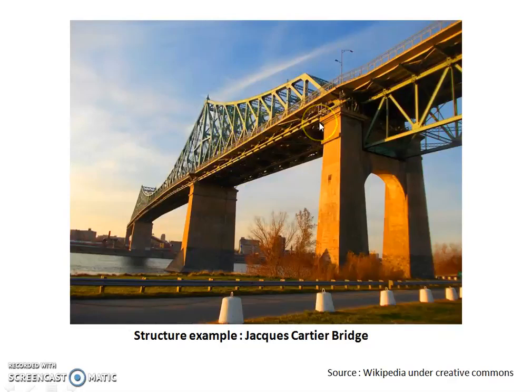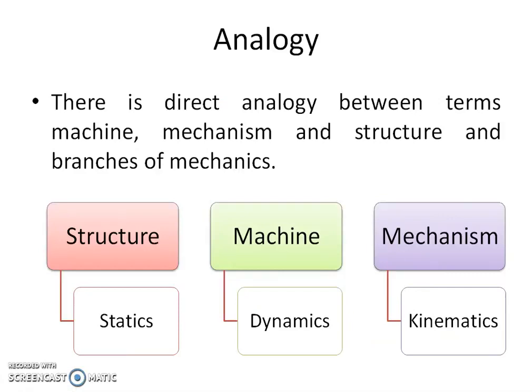So what is the meaning of all these terms that we discussed now? There is a direct analogy between the terms machine, mechanism, and structure. A structure, in which the links or resistant bodies don't have any relative motion and are just meant to take up forces, deals with the branch of mechanics called statics, while a mechanism is meant to deal only with the consideration of motion, hence it comes under kinematics.